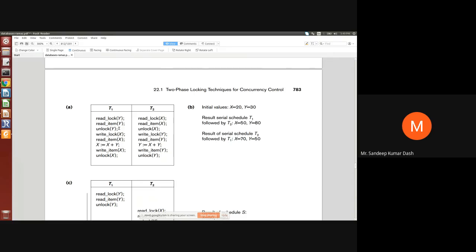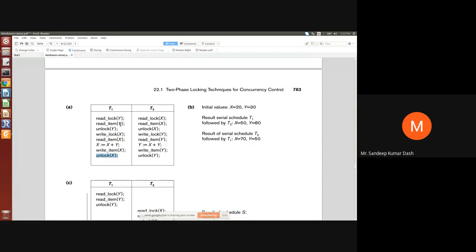Then you need to modify the value of X, so you apply for a write lock. When the write lock is granted, you read it, then modify it. Then you are writing into X, writing into the database, then you are unlocking X. So this is the flow when you are using concurrency control.